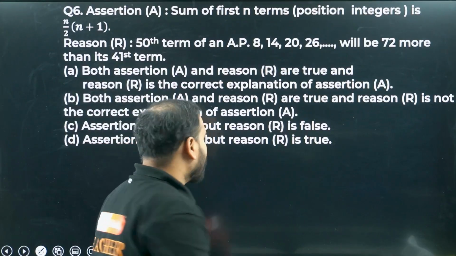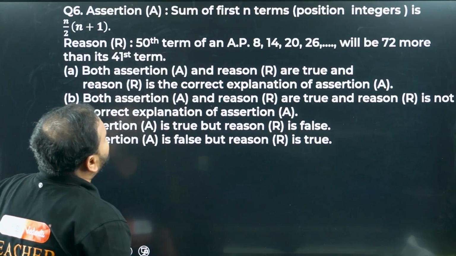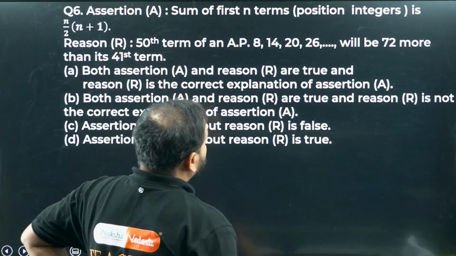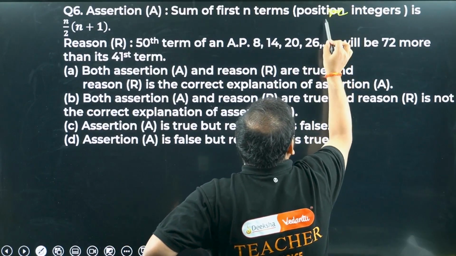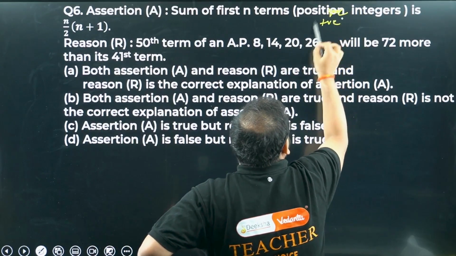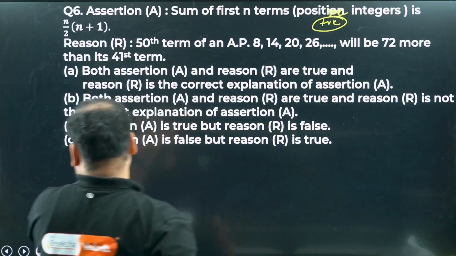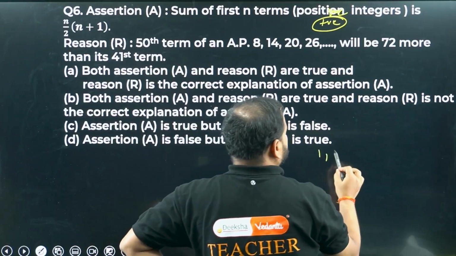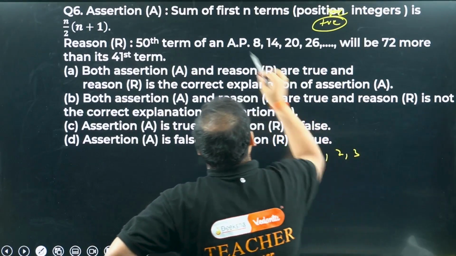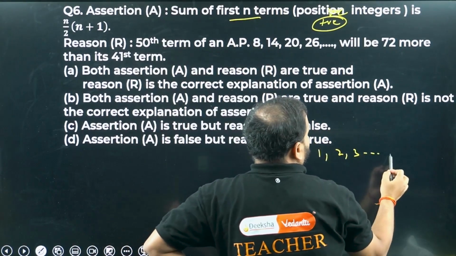Second assertion reason. Sum of first n terms of a positive integer is n by 2 times n plus 1. Have a look. Positive integer means 1, 2, 3 and how many terms? N terms. So till n.